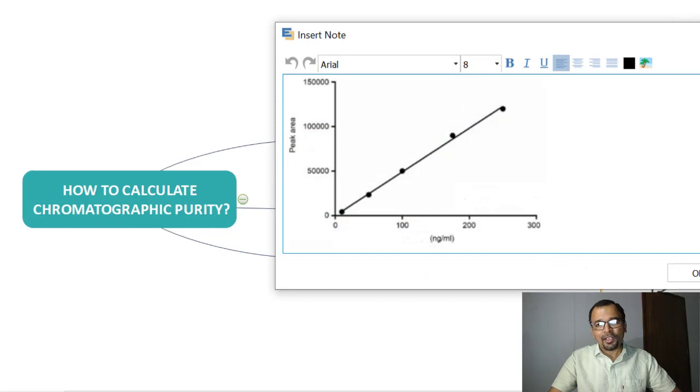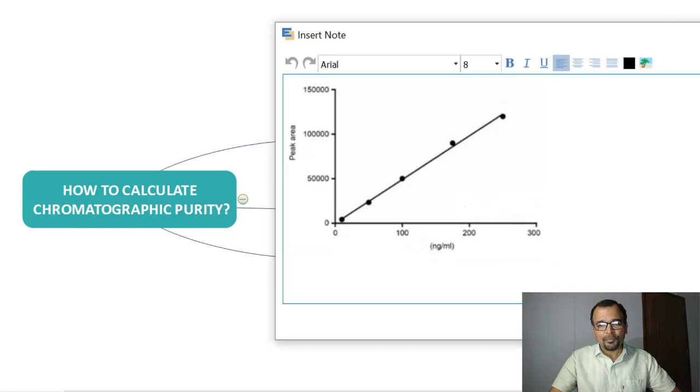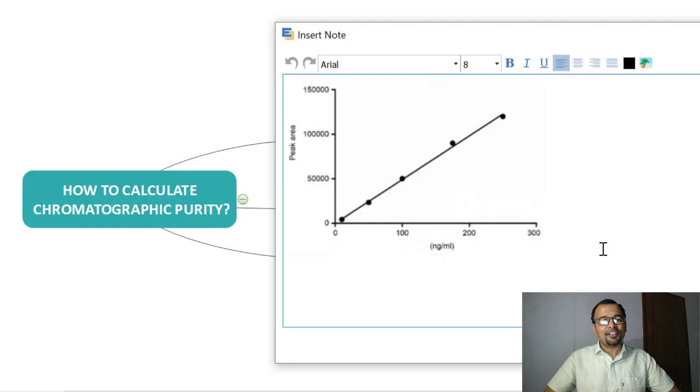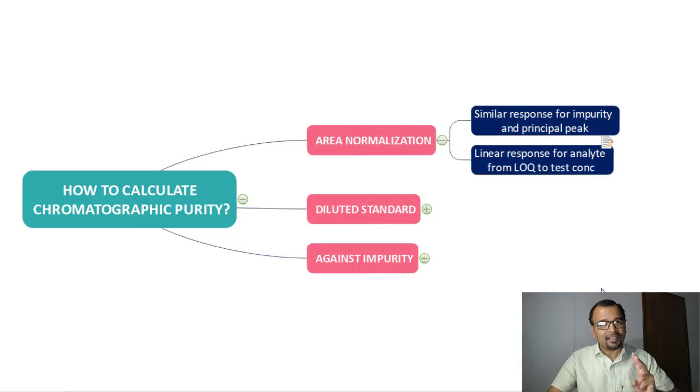And just have a look at this figure now. In this figure you can see that there is a proper linear response observed from the lower concentration to the higher concentration. So there are two important requirements. If you want to use the area normalization method for the quantification of impurities, the first requirement is what?